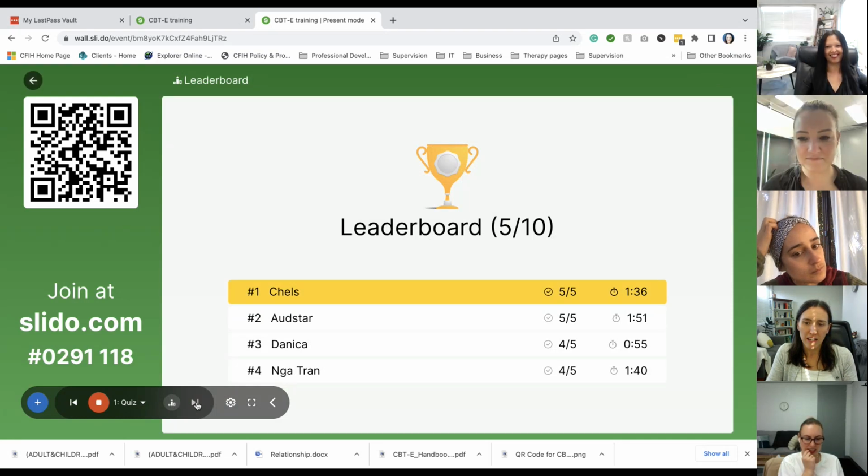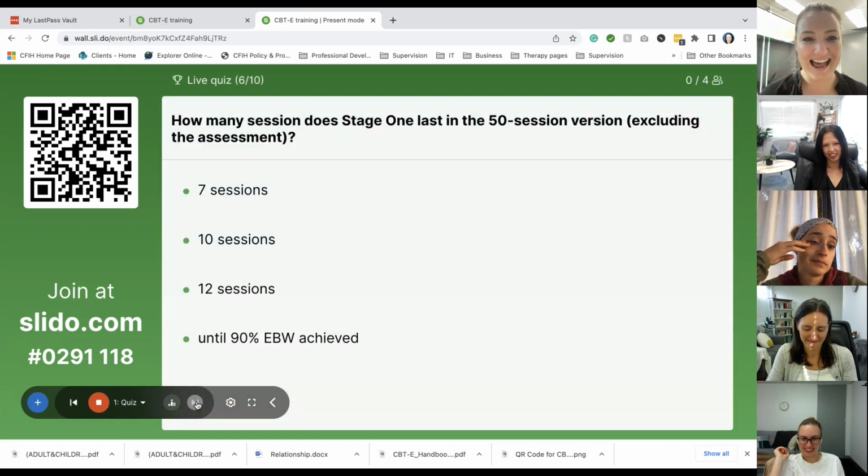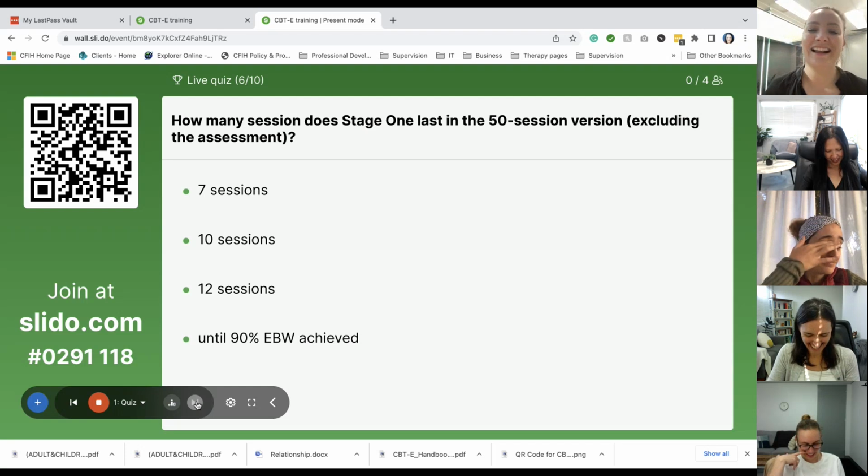I think this is just going off time. It seemed like a good idea at the time to add in something a bit more interactive. How many sessions long is stage 1 in the 40 session version, sorry, this was late last night, excluding the assessment? 7 sessions, 10 sessions, 12 sessions, or until 90% of expected body weight is achieved.